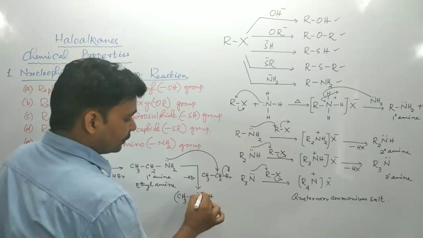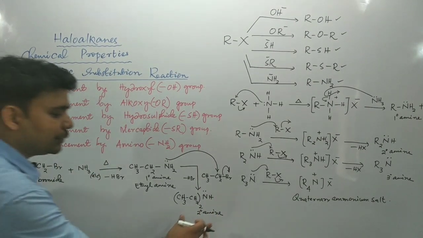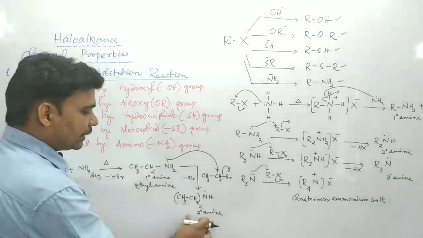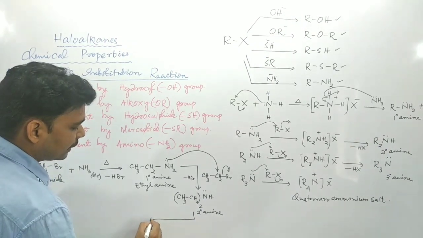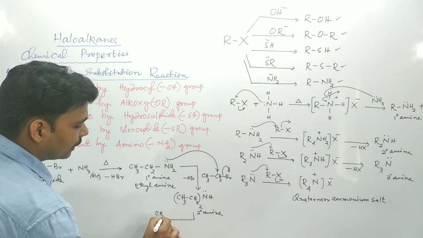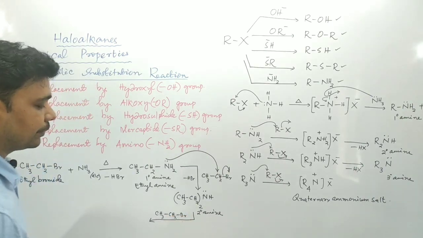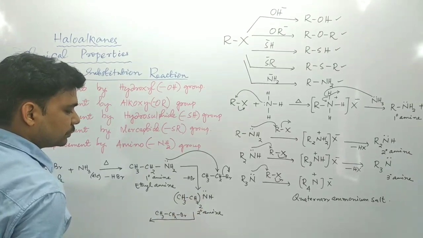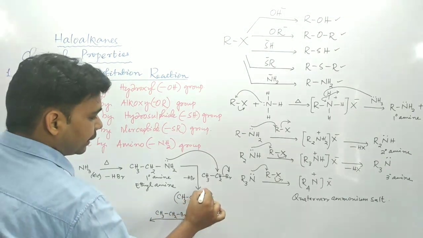This secondary amine contains nitrogen with a lone pair of electrons. Now it will be the next nucleophile. So the next nucleophile will attack another alkyl halide, CH3CH2Br, through this nitrogen containing the lone pair of electrons.